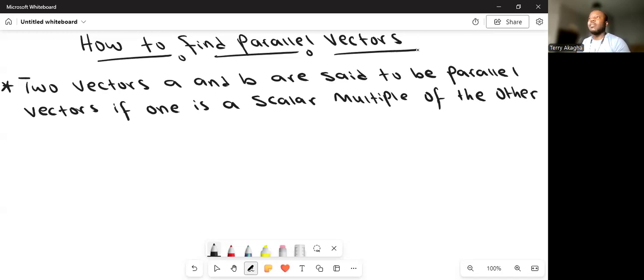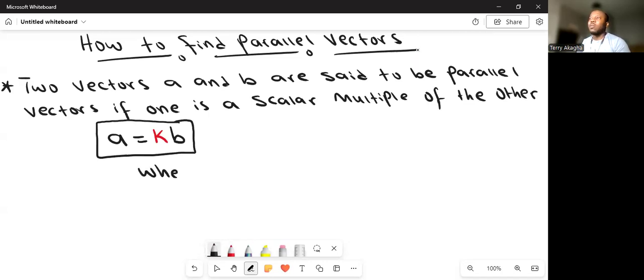So what I'm saying is that if you have vectors A and B, that means A is going to be equal to KB. Now this K is what makes it parallel or not, where K is a scalar quantity.